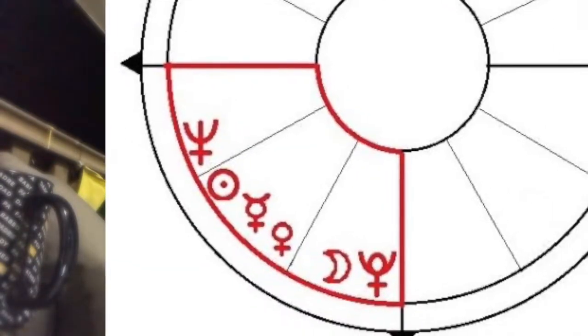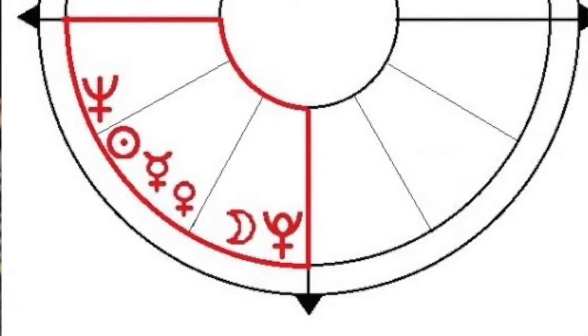So houses 1, 2 and 3 is quadrant 1, and the meaning of that quadrant is self-development. Quadrant 2 is houses 4, 5 and 6, and the meaning of that quadrant is self-expression.